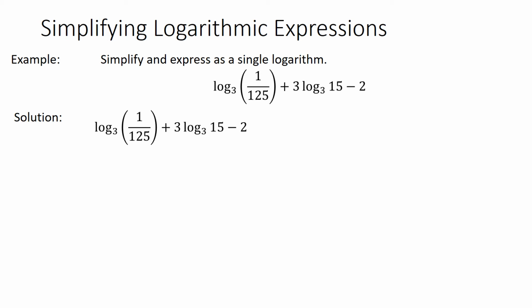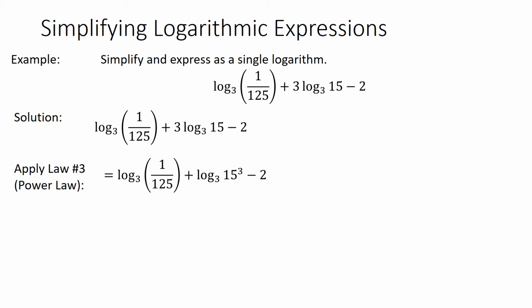The first two terms contain log and the last term is a constant. For the second term, there is a constant 3 multiplied with the log. Therefore, we'll use the law number 3 or the power law to bring up the 3, which becomes log base 3 of 15 cubed. The first and the third term we will just copy down.